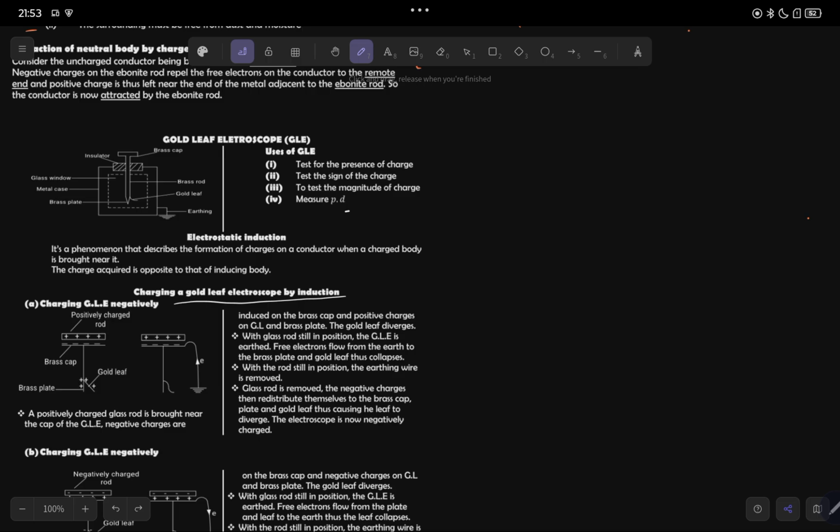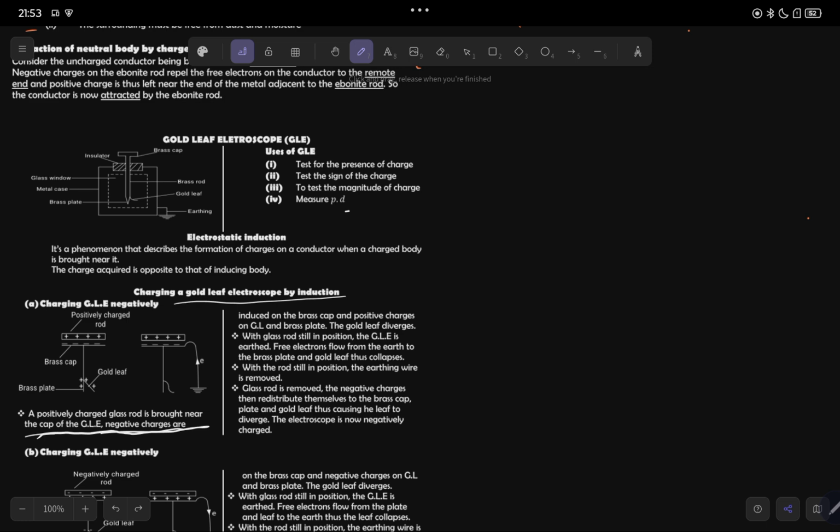Now, remember, if we want to charge the body negatively, a positively charged body is brought near it. So step number 1, a positively charged glass rod, you can just say a positively charged body, is brought near the cap of the gold leaf electroscope. Remember, our GLE is neutral. So when we bring a positively charged glass rod, what happens?